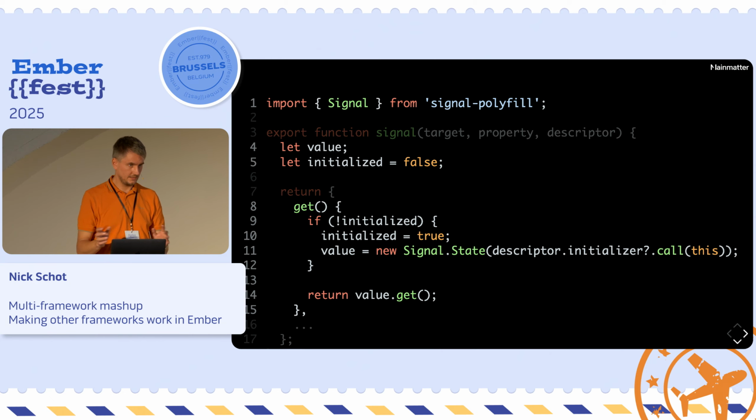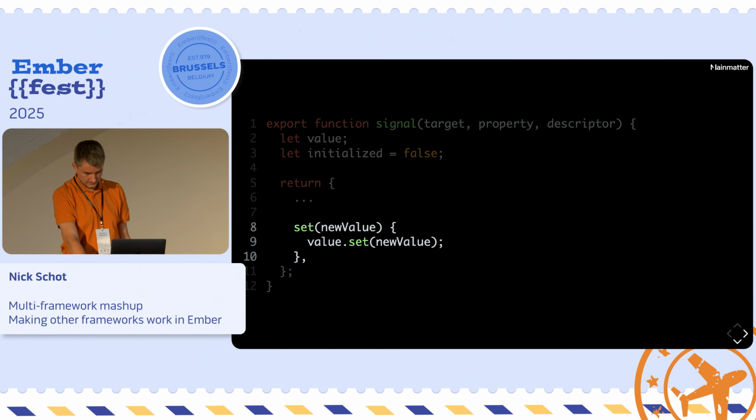If you remember, if you set a tracked value, you can assign an initial value, and through this descriptor, you can read that. We'll store that inside of the signal's instance, and finally, the getter will need to return the current signal's value, which we can retrieve by calling value.get. And then the setter will need to update the internal value of the signal, and it doesn't need to return anything.